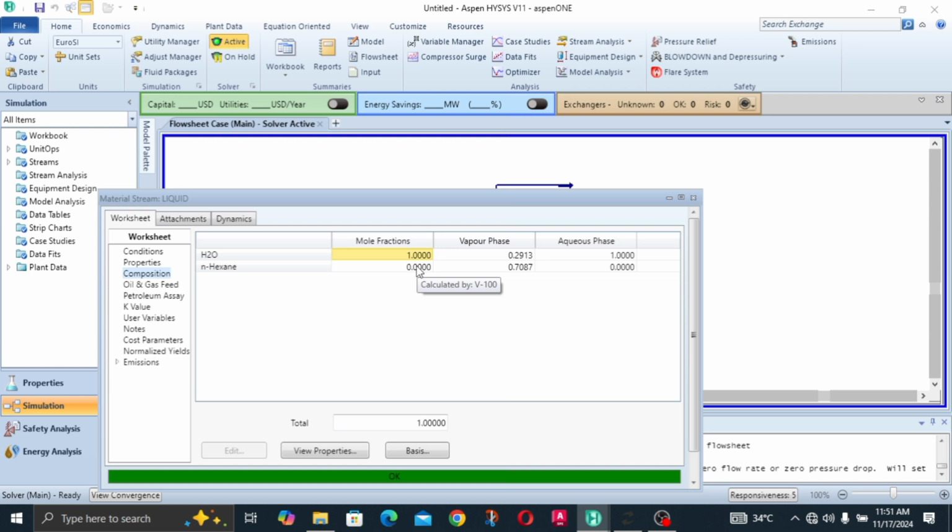And fortunately, we're able to boil off all the hexane from the uppermost layer of the liquid, basically evaporating, and it went up through the gas.